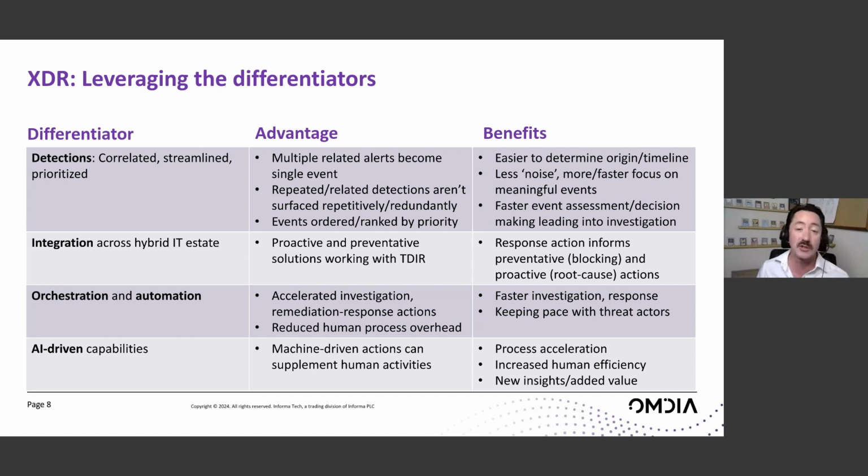Omdia is very much a believer in the integration of the TDIR lifecycle with both preventative capabilities, the stuff that helps you stop the threats that are going to come at you, as well as what we call proactive security, which is closing the aperture, reducing the likelihood, reducing the attack surface that threat actors can go after, so fewer attacks come your way in the first place.